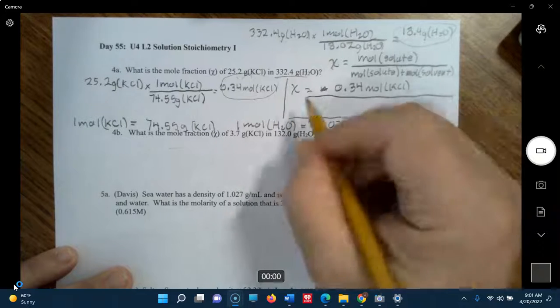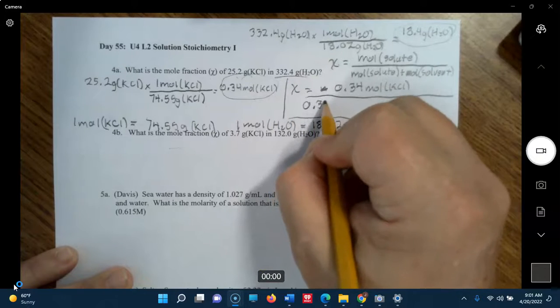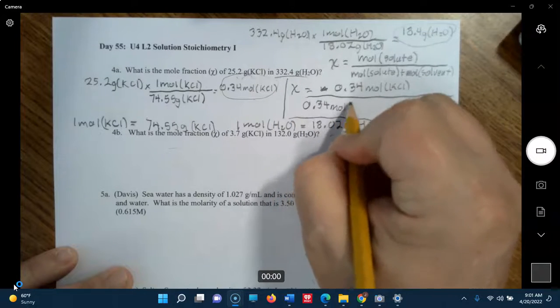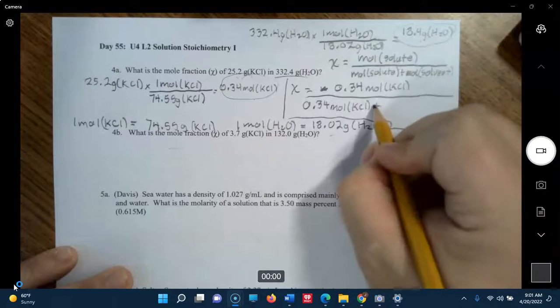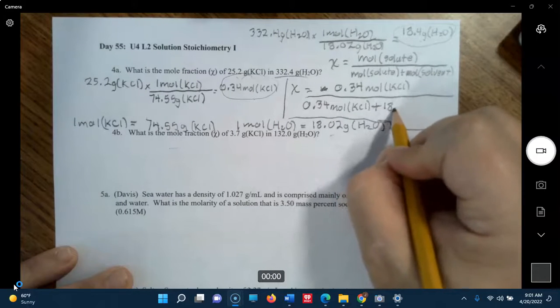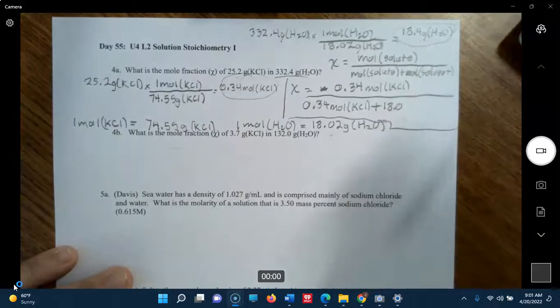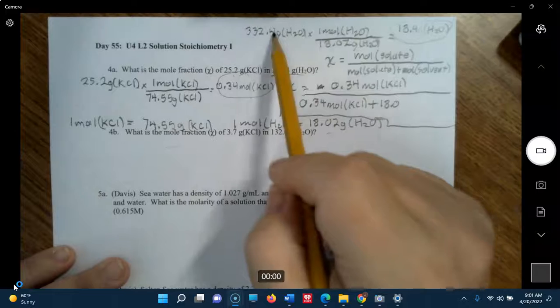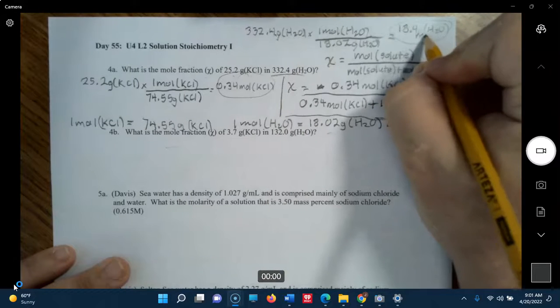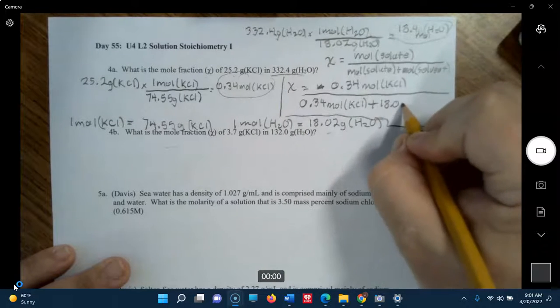On the bottom, it's going to be that number again, plus the moles of water. And I put grams here. That's a mistake. Maybe you caught that. We need to get to moles. We started with grams. We need to get to moles. So it's 18.4 moles.